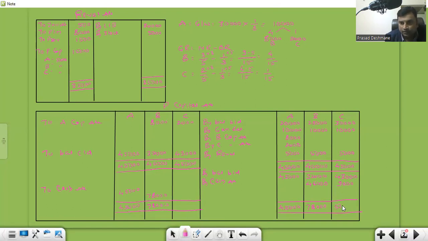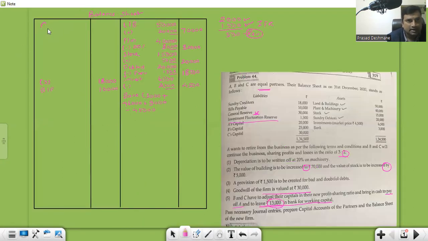This is 52. For this we'll write to balance carried down. Okay. So these final balances we record in the balance sheet. Capital of B and C, 78,000 and 52,000.